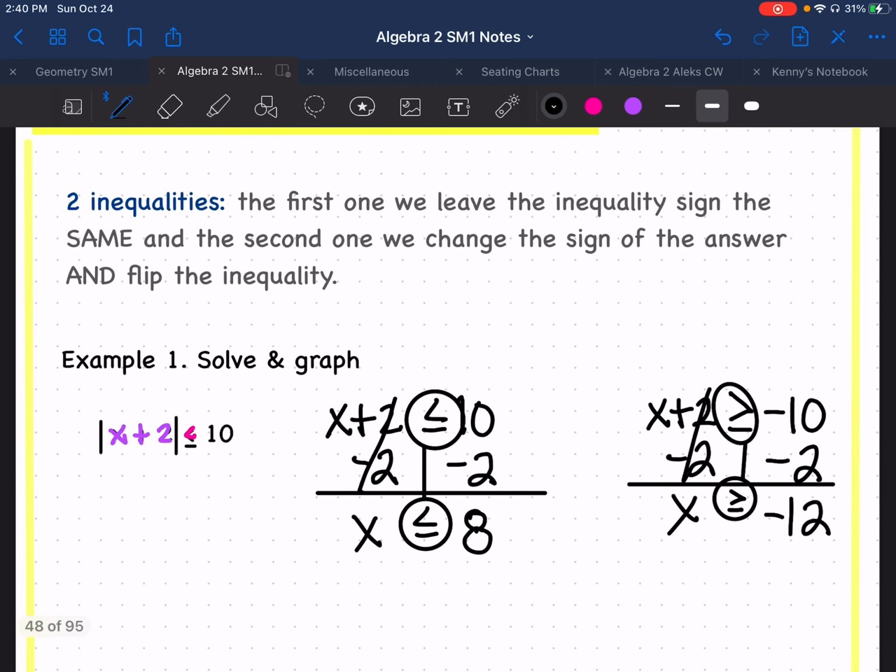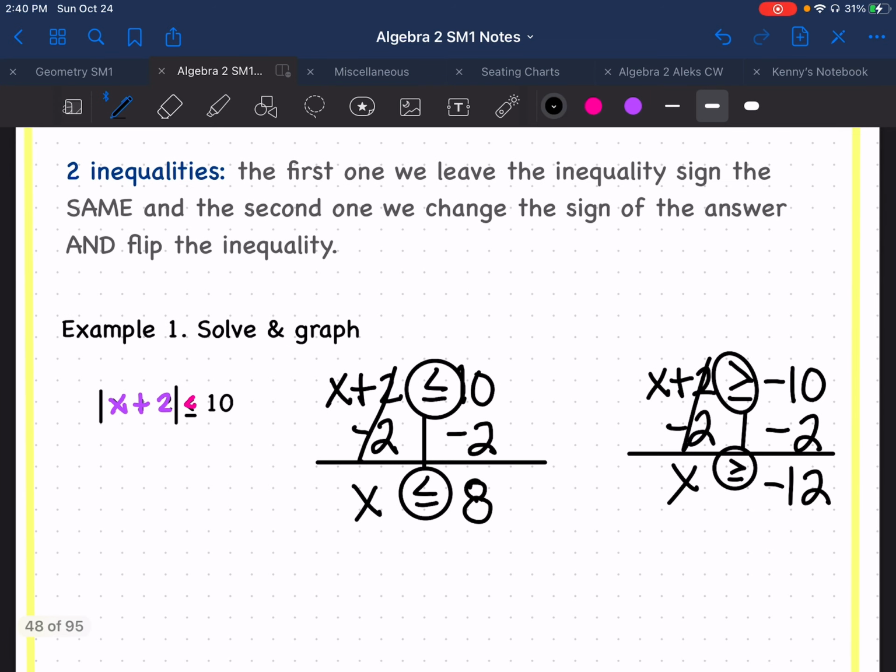One extra part that you're going to be asked to do in an inequality is to graph the solution. When we graph a solution, we grab a number line. And we need to see both of the numbers on our number line. So 0 is always a good thing to see. 1, 2, 3, 4, 5, 6, 7, 8.